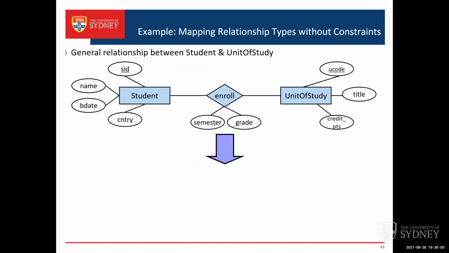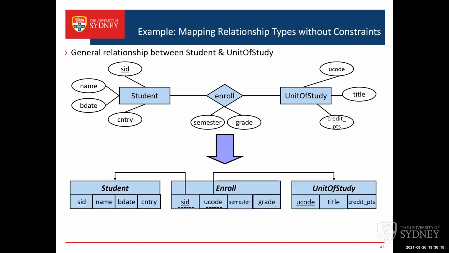What if I have some attributes in this relationship table? If I have attributes in that relationship table, then it is understandable that those attributes will go to this relationship table as well.